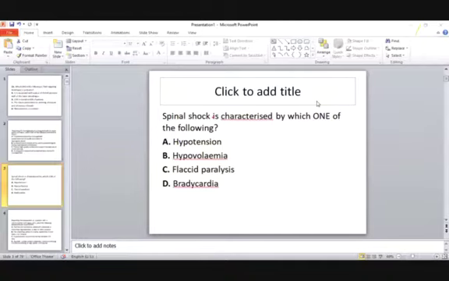The patient usually gets this commonly due to bladder and bowel distension, pressure sores, or any kind of intervention or stimulation below the level of the lesion.